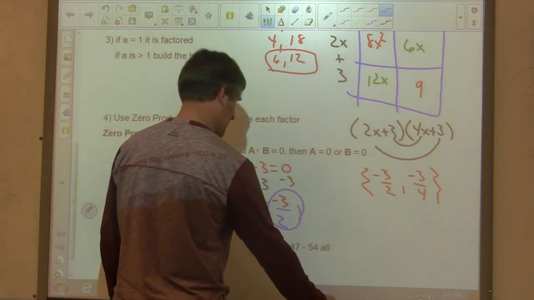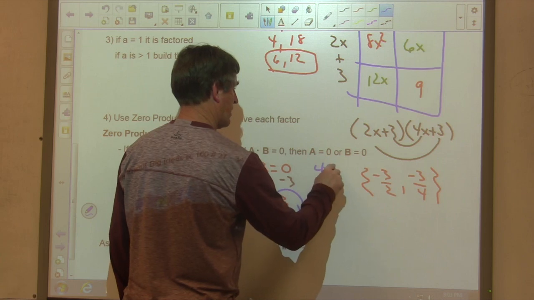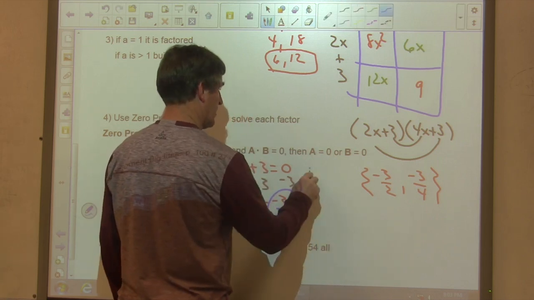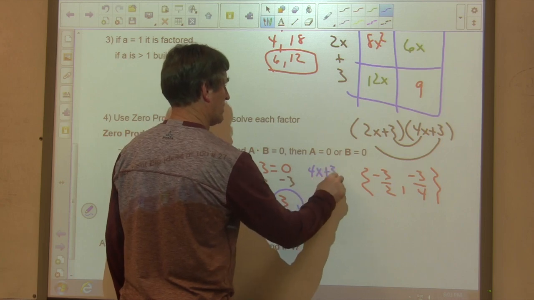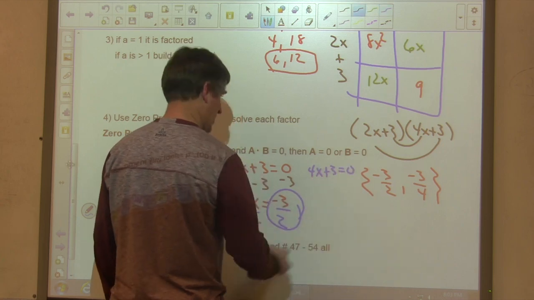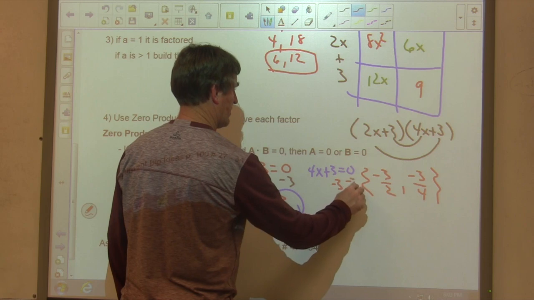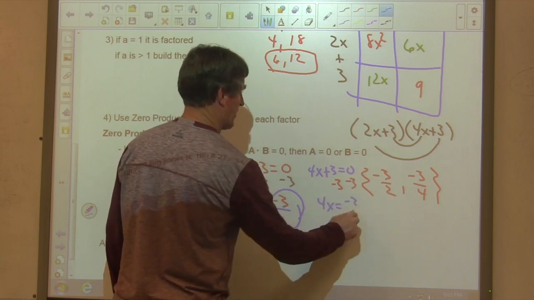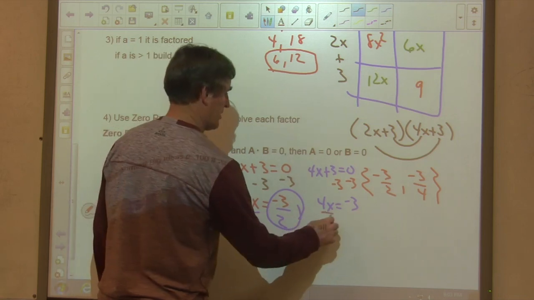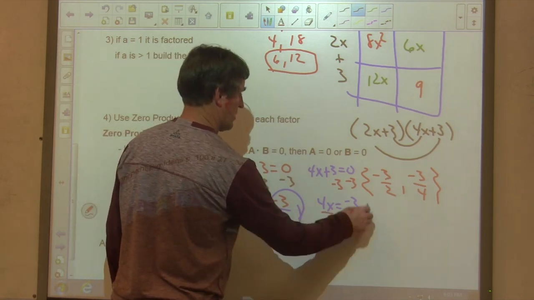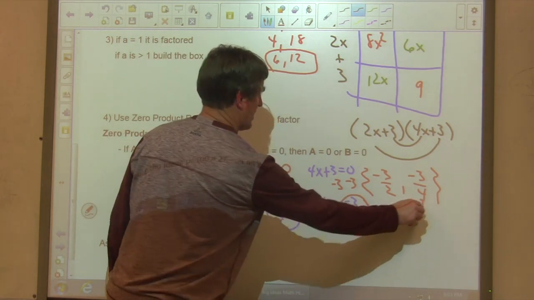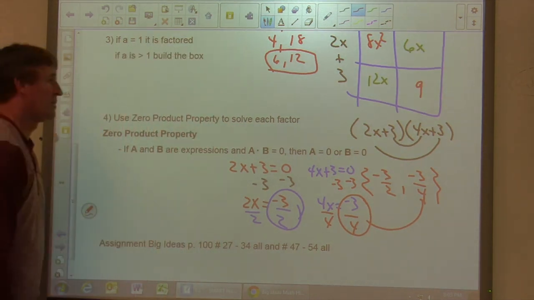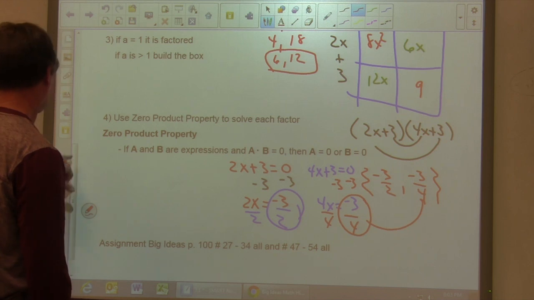And then the 4x plus 3 equals 0. Subtract 3, and we get 4x equals negative 3. Divide by 4, and that gives us the negative 3/4. So you get the same thing either way, whichever works best for you.